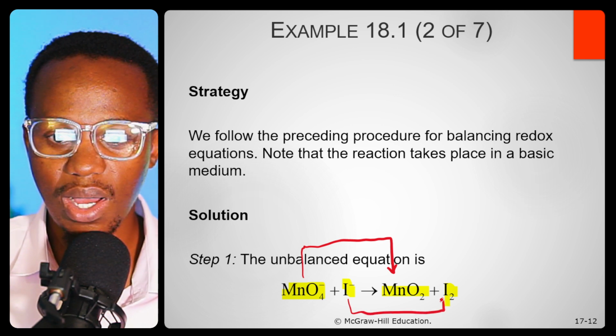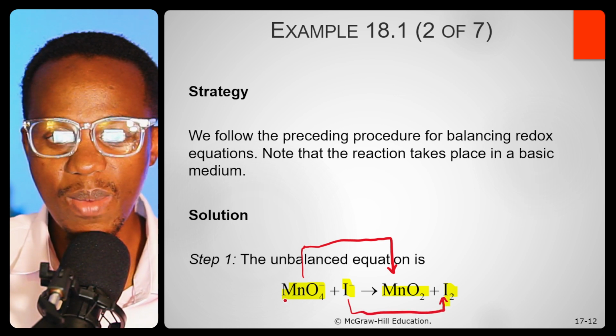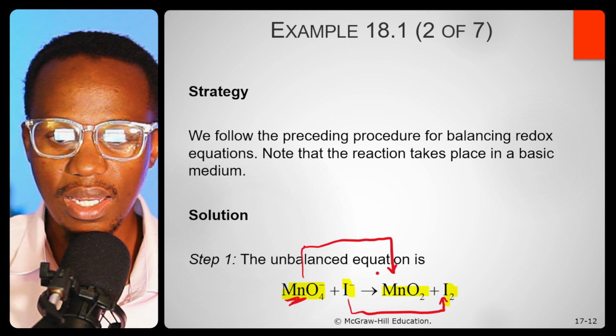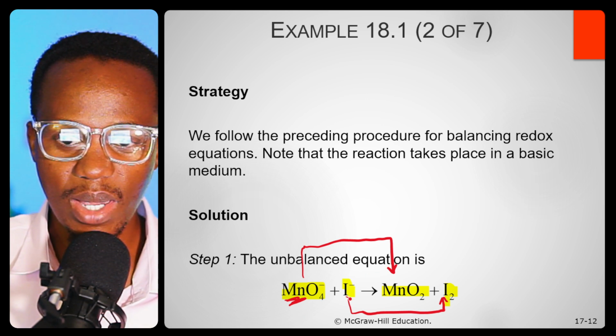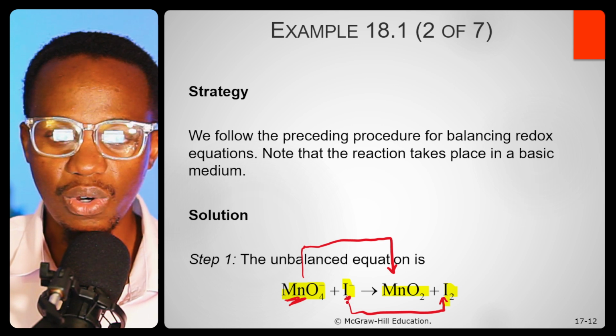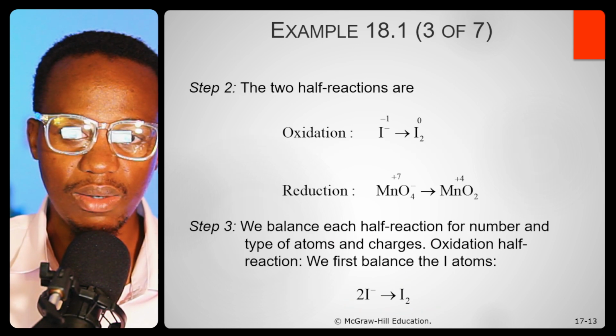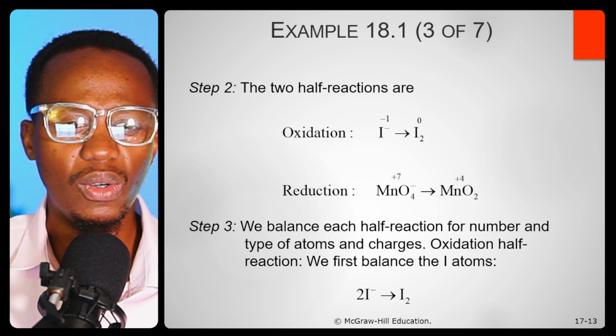And if you haven't noticed already, Mn is our main atom, and then I is our other main atom, right? So you're going to step 2, you're going to measure their oxidation number, right?